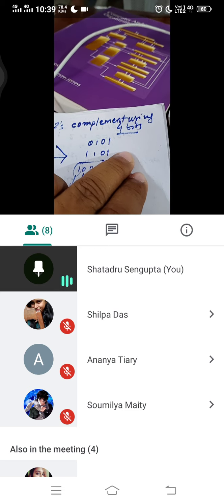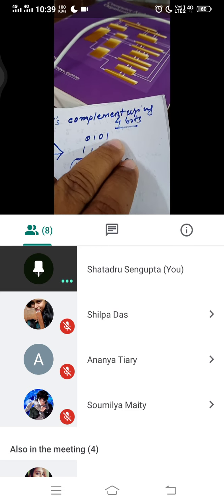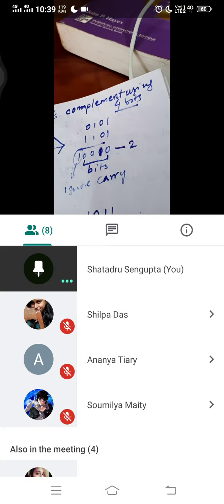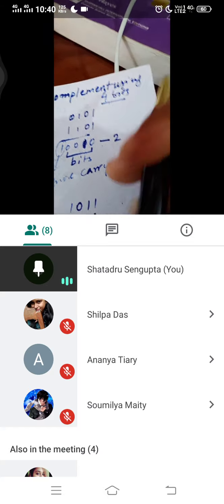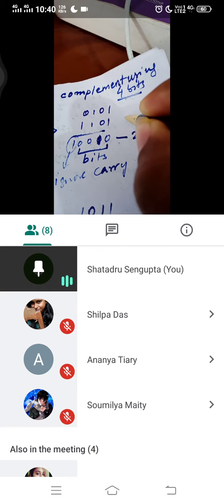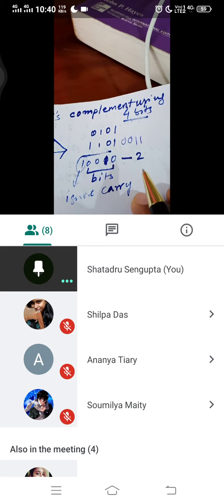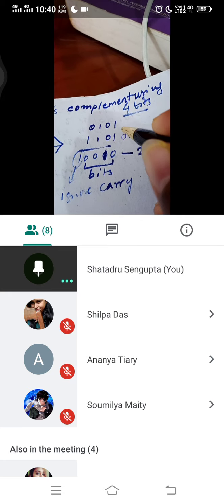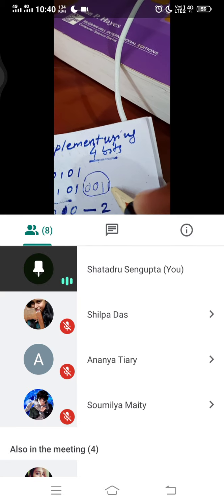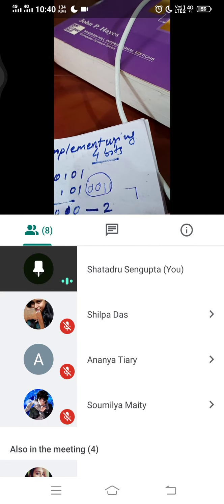So 3 is 1 1. With a 4-bit representation, it is 0 0 1 1. We change to 2's complement. How do we do that? First one is encountered, it is written.